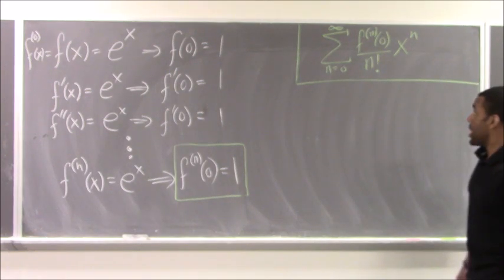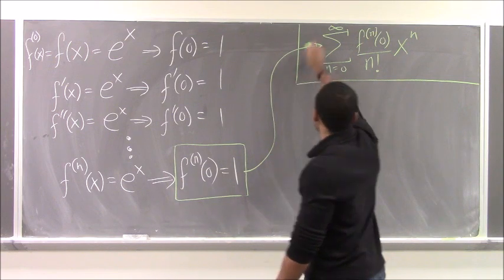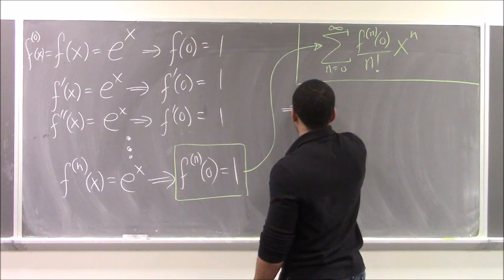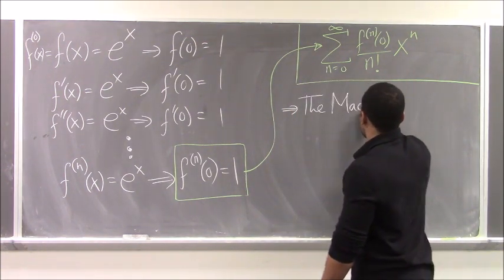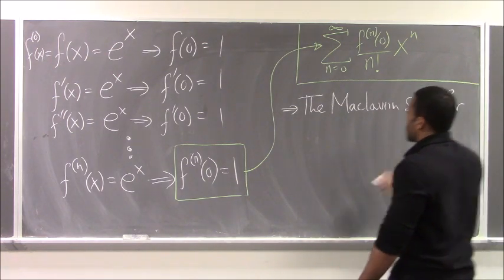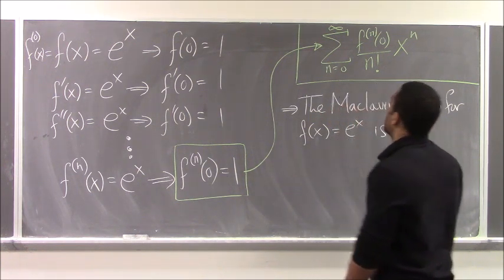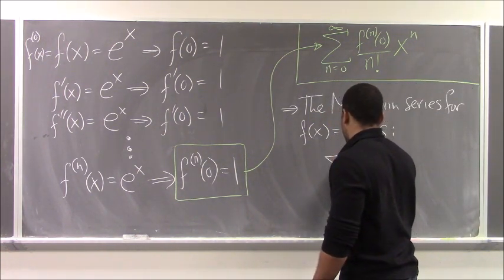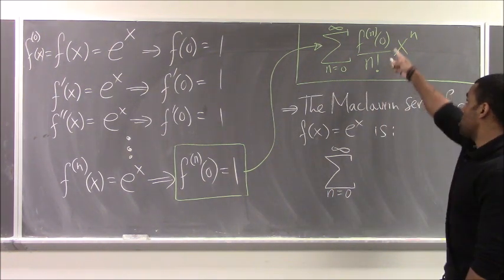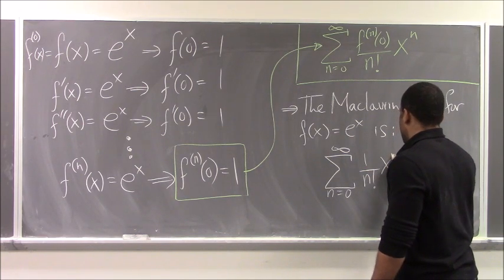And so I can take this value and plug it into that formula. So this implies the Maclaurin series for f of x equals e to the x is the series n goes from 0 to infinity of, just plugging in 1 there, 1 over n factorial times x to the n.